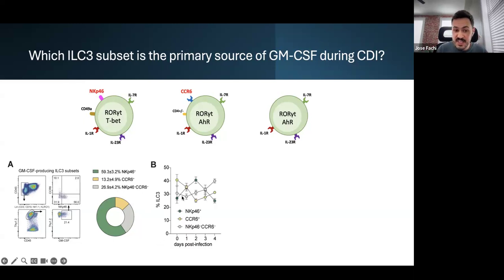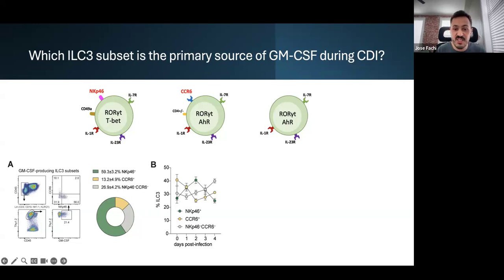And we also noticed that these cells are the main ones accumulating in the early phase. So you can see when you have the infection, the green line that represents NKp46 ILC3s goes up. And only after 3-4 days, the other subsets go up.